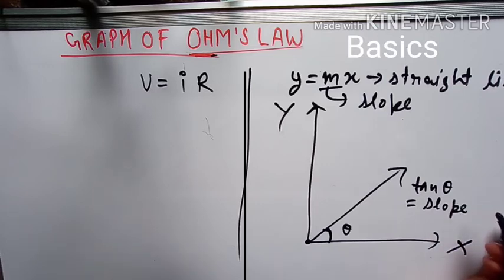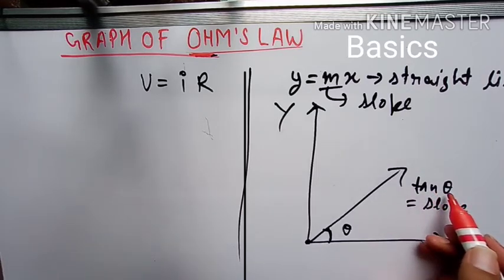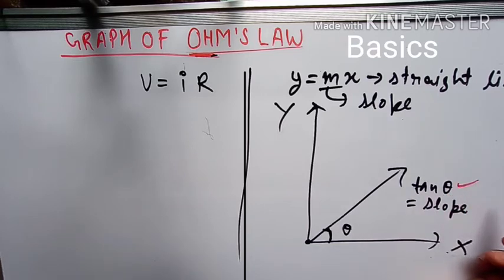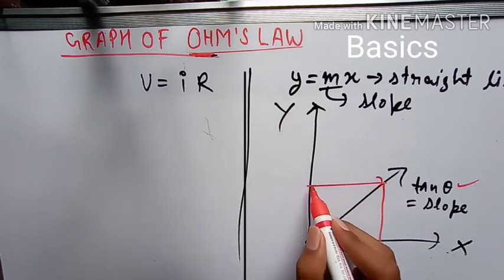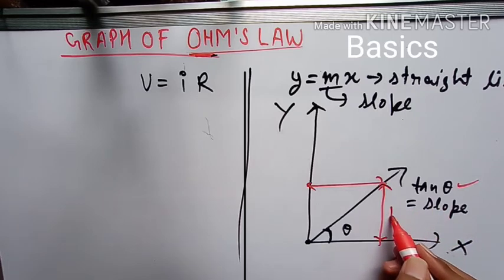Did you understand this? Okay, let me make it more clear. You have studied trigonometric ratios. There you find tan theta. So what is tan theta? Basically, this is the perpendicular and this is the base.